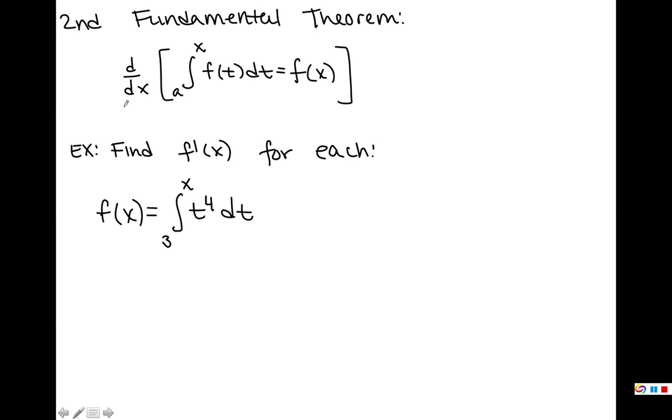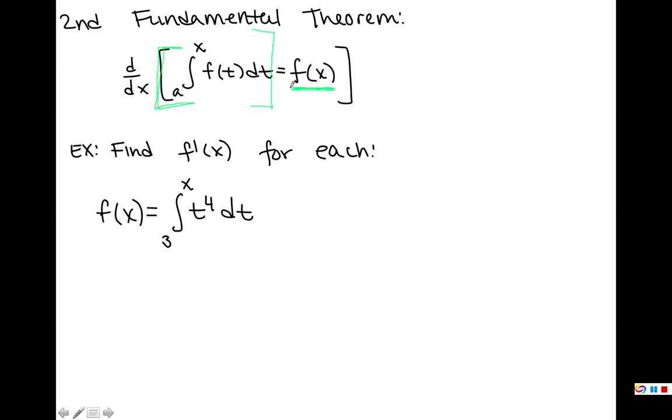But basically this is saying if you take the derivative of an antiderivative, if you take the derivative of an integral, those are inverse operations. So the brackets should be where I drew them in green. If you take the derivative, that's the d dx, of an antiderivative, you should get the original function, right? They're inverse operations, they undo each other.